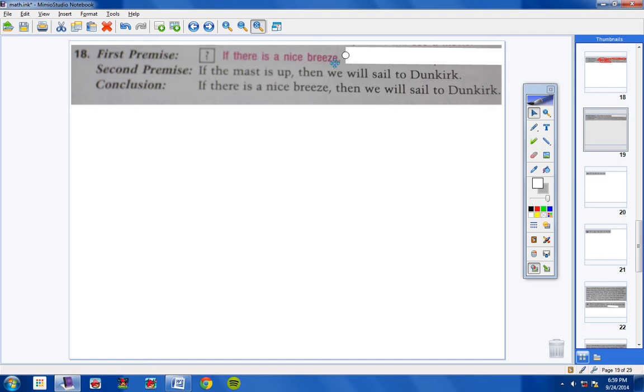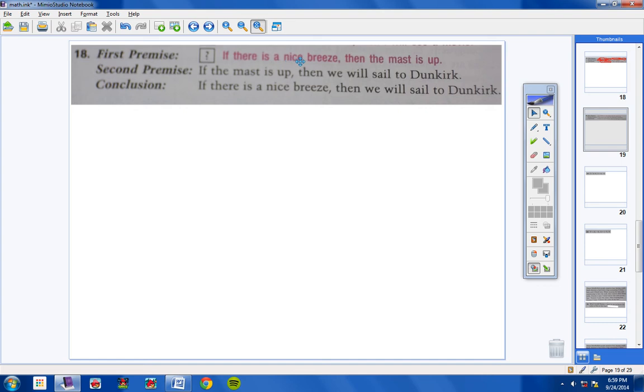If there is a nice breeze, then something happened. And whatever is here comes down here: if the mast is up. So it probably says if there's a nice breeze, then the mast is up. And if the mast is up, then we will sail to Dunkirk. Let's see if that's right. Yep, there it is. See how that works?